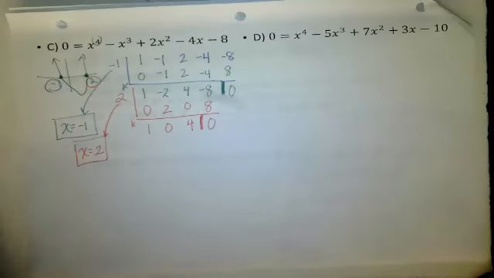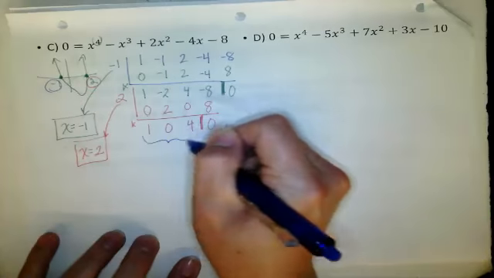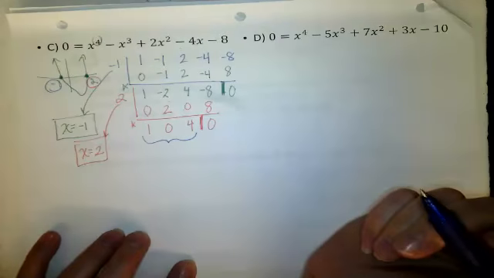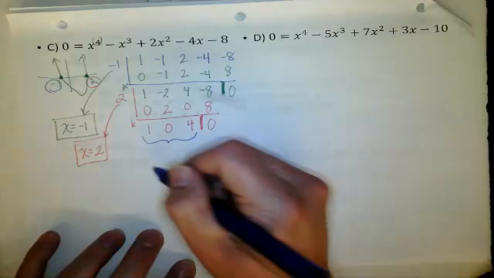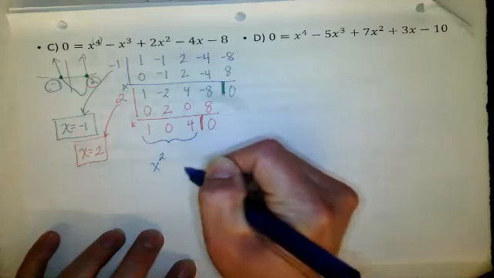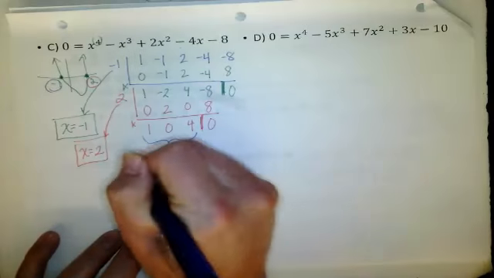All right, now I need to solve for the rest of the stuff here. So here is my quotient. What does that mean? x to the second, very good, plus 4. And we can solve that.